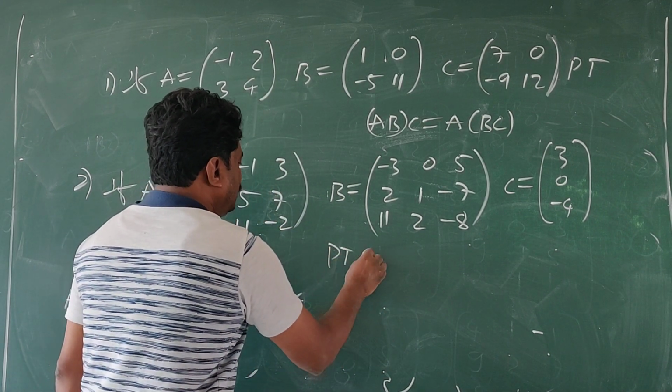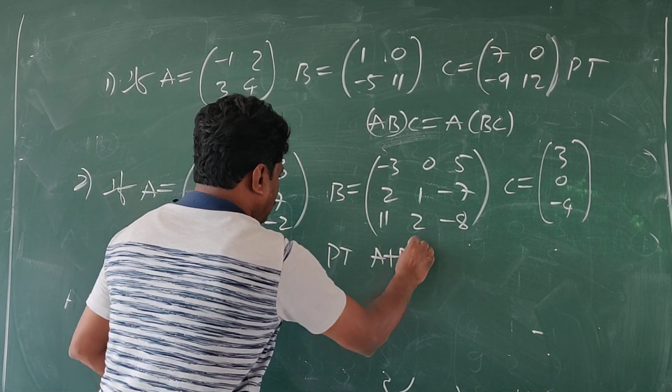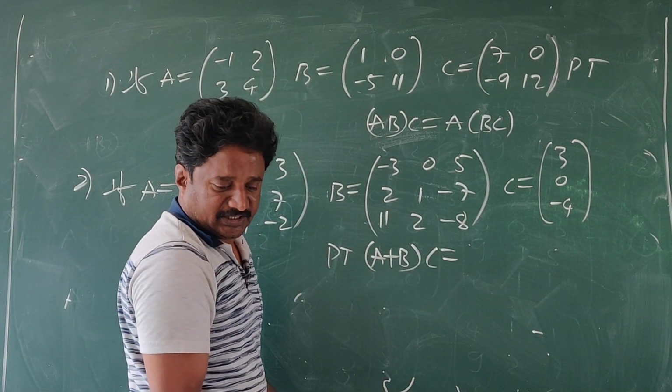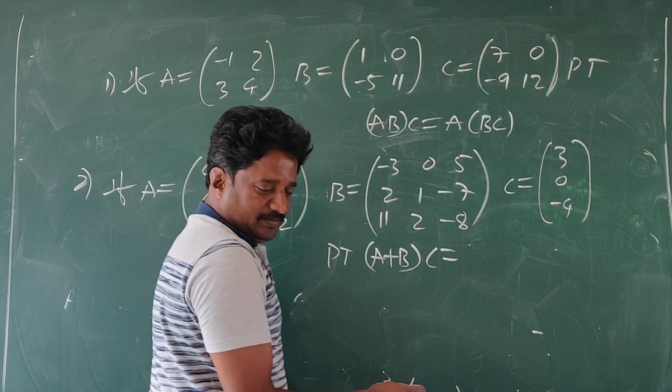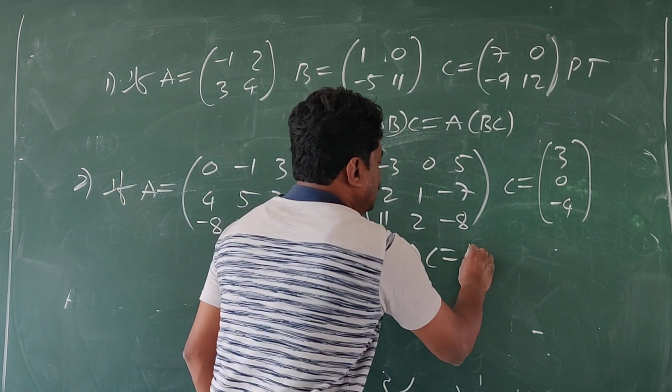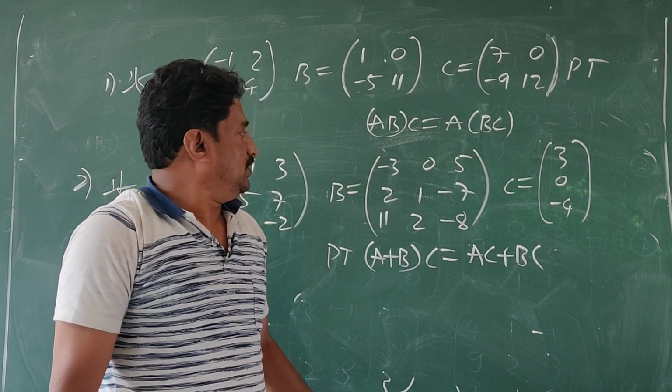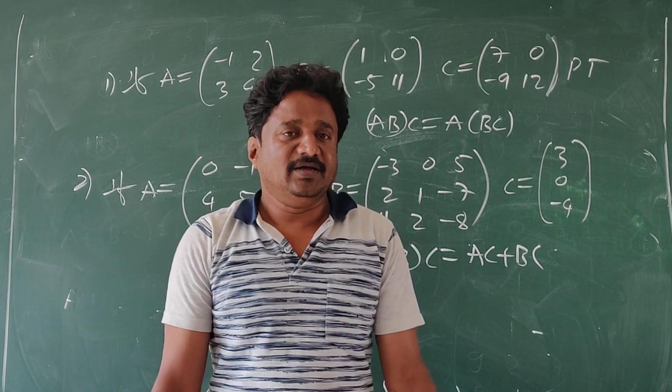Prove that (A + B)C is equal to AC + BC. I hope you understood this very well.